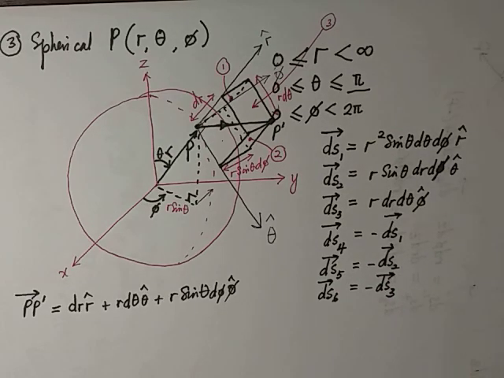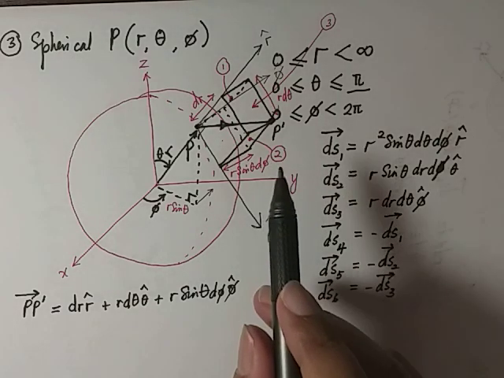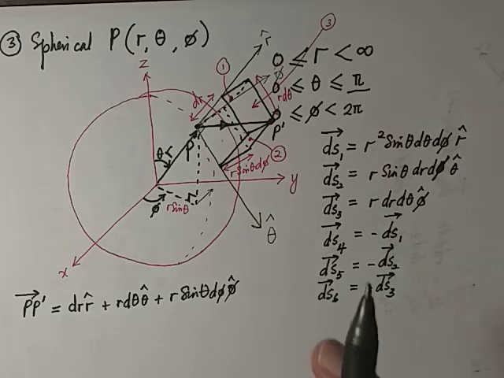Since we have only 6 surfaces, logically there are only going to be 6 different surfaces that we can define. The last piece of information that can be extracted from the movement of P to P prime, according to the spherical coordinate, is the volume.